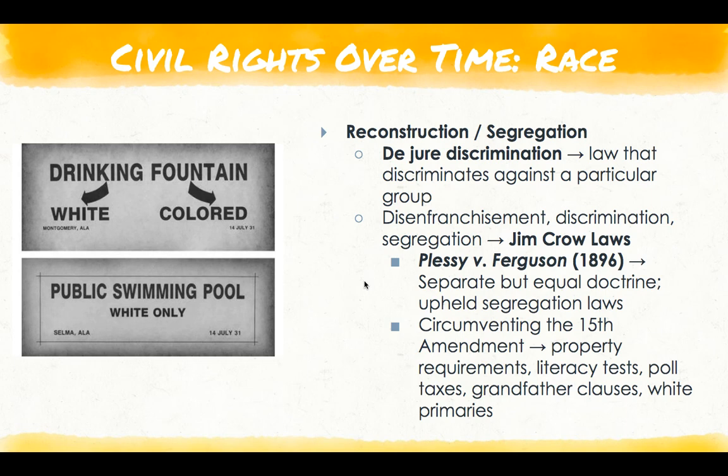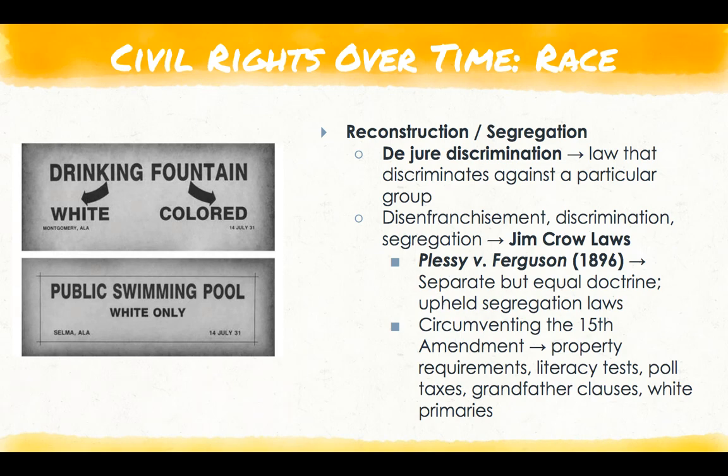Now, we also see local governments circumventing the 15th Amendment, specifically when it comes to that right to vote, requiring everyone to own property, which not many freed slaves owned, literacy tests, poll taxes, grandfather clauses, holding white-only primaries.